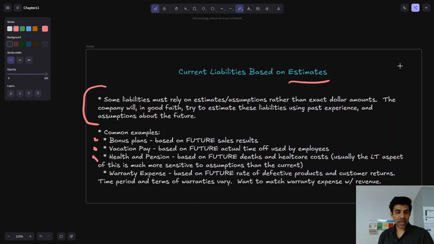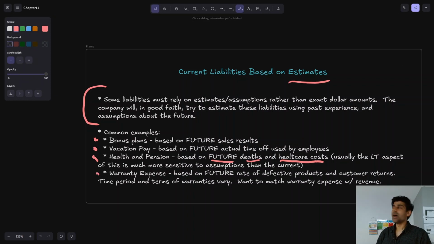Health and pension. This is all based on future deaths, when a person is actually going to die. Healthcare costs: how much is it going to take to put someone in the hospital for a week, 20 years from now, right? You can't know, it's going to be based on some estimate. You don't know what that actual number is. And then warranty.